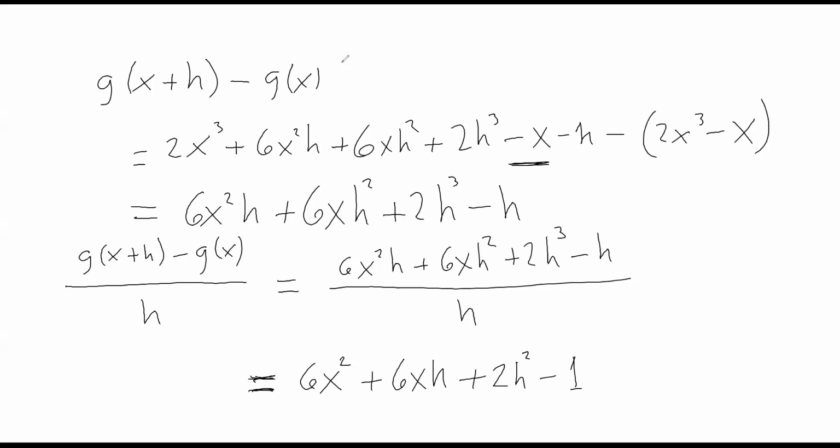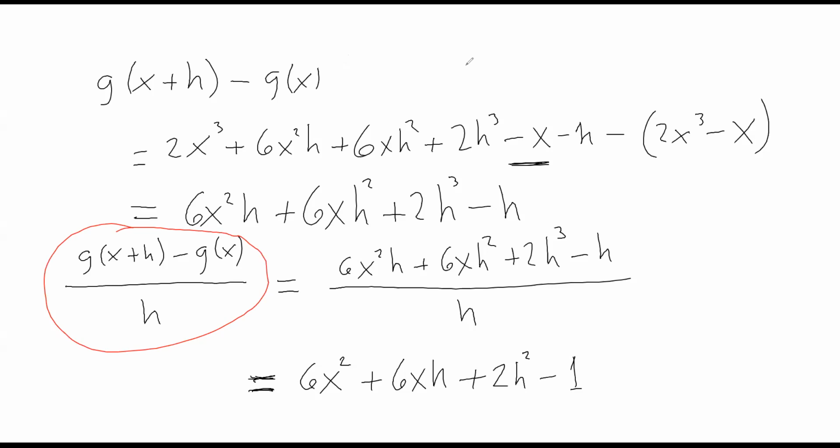Now that's the starting point of calculus, and in calculus what they would do with this is then take the limit of that expression, the g of x plus h minus g of x all over h, the difference quotient, by letting h go to 0. You can't let h go to 0 back when it's written out like this, because if h were 0, we would have g of x minus g of x in the numerator, which is 0.